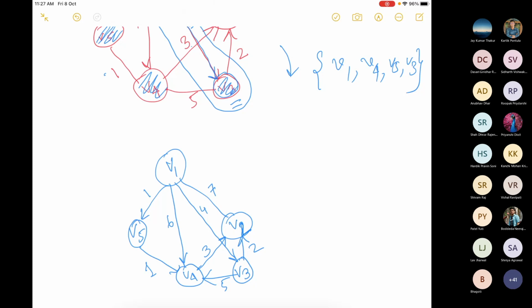Is there anything left? I think it's all done, right?